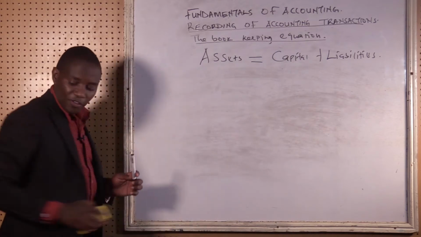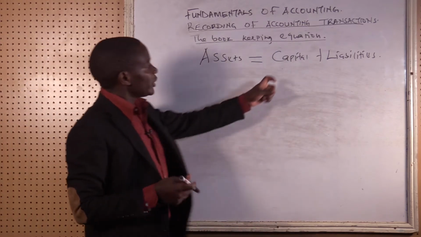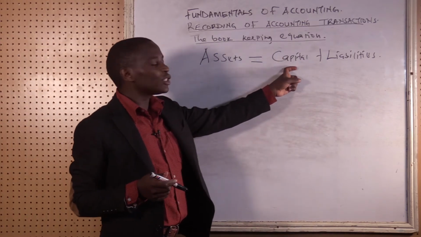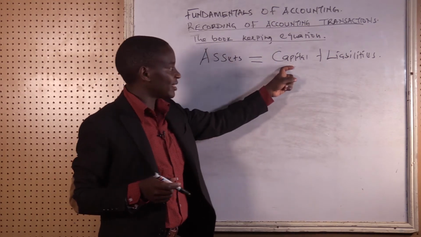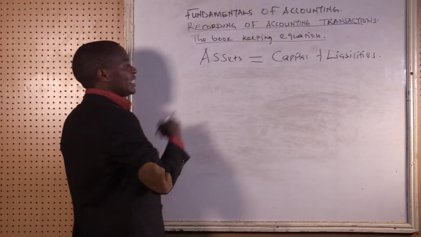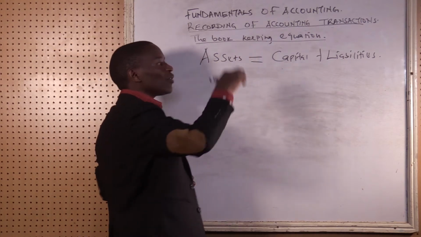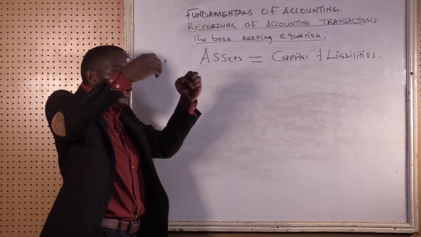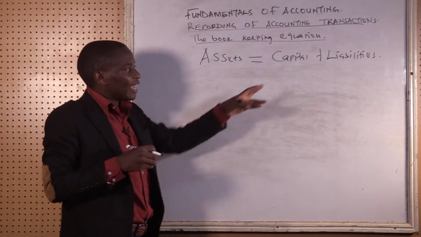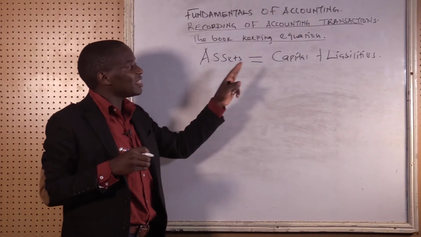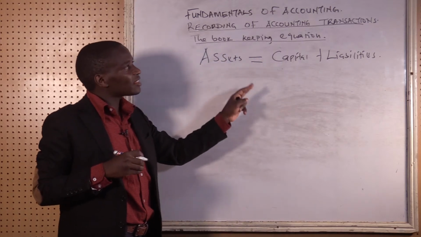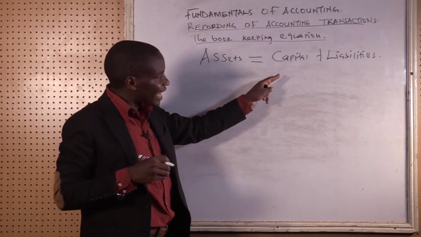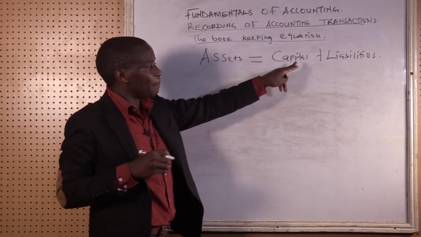When we talk of capital, capital is the owner's contribution or the owner's net worth in a business. It is things that the owner of the business has brought into the business. If our business is a sole proprietorship, we are talking of the things the sole proprietor has brought into the business.